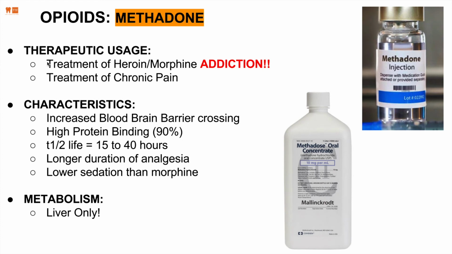And then methadone. Therapeutic usage, we got treatment of heroin and morphine addiction. Remember, AD, addiction. Methadone, addiction. Treatment of chronic pain. Characteristics, it's got increased blood-brain barrier crossing, so it affects the CNS very well. High protein binding capacity at 90%, which means that it'll last longer than most others.